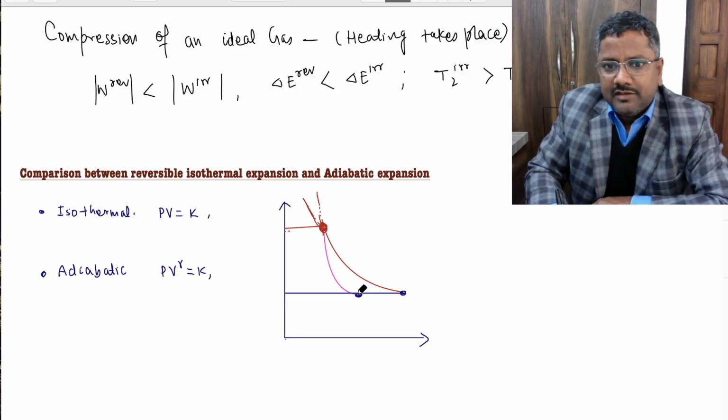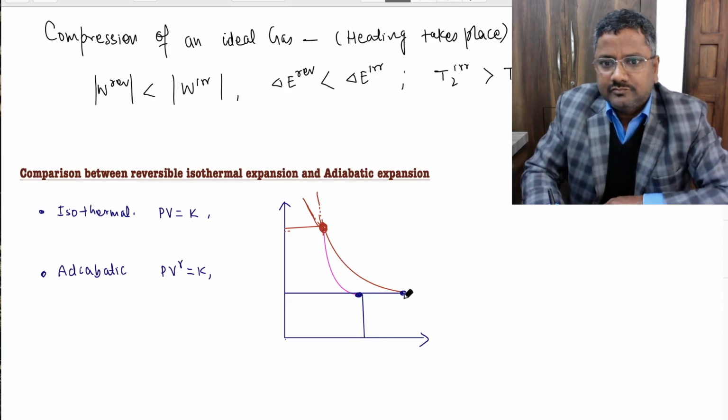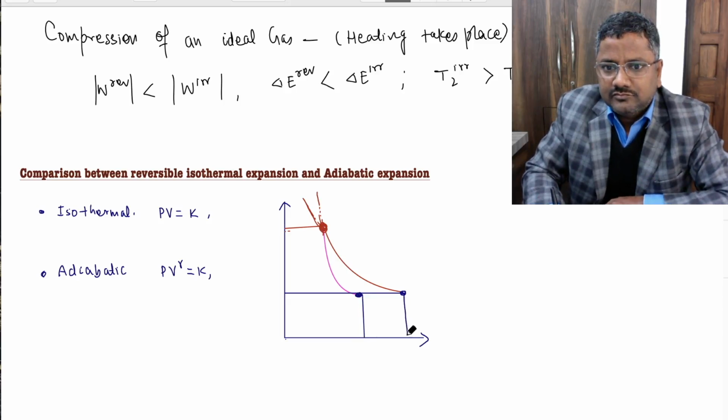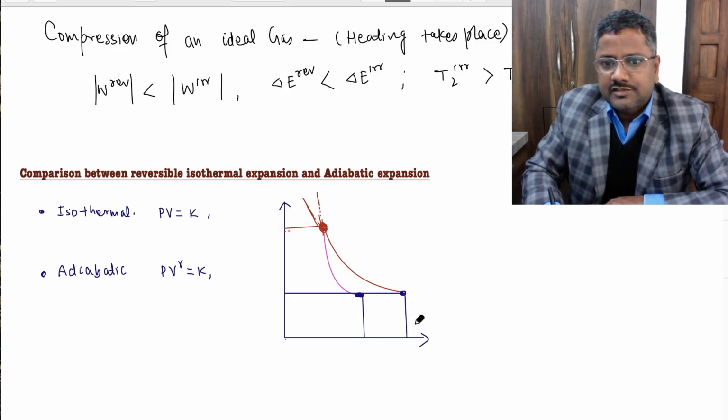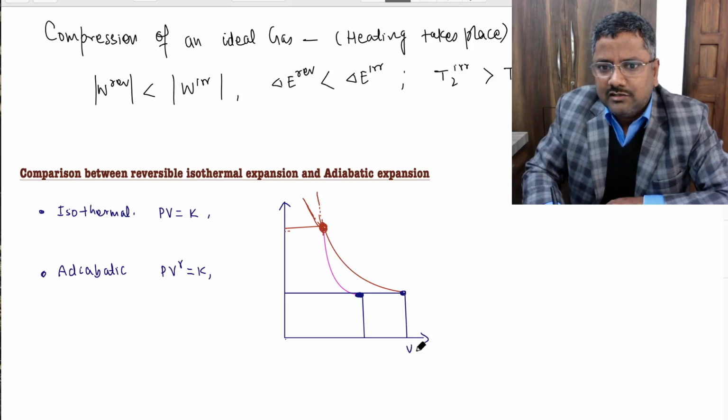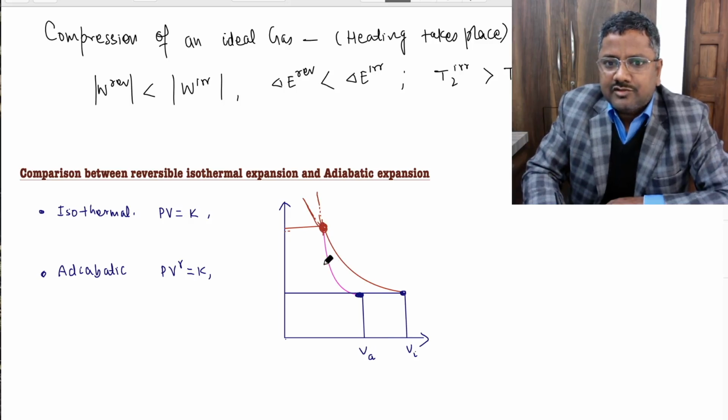So what will happen? The final volumes are different. This is the volume for isothermal, and this is the volume for adiabatic. So for the adiabatic process, the volume is less.